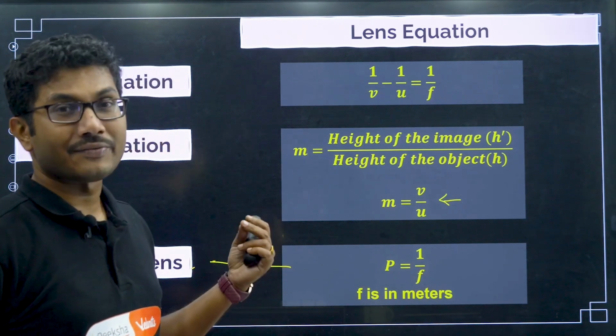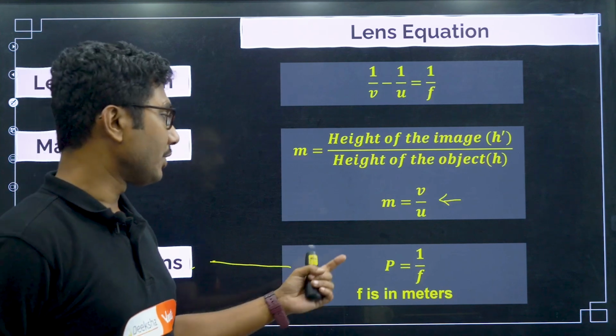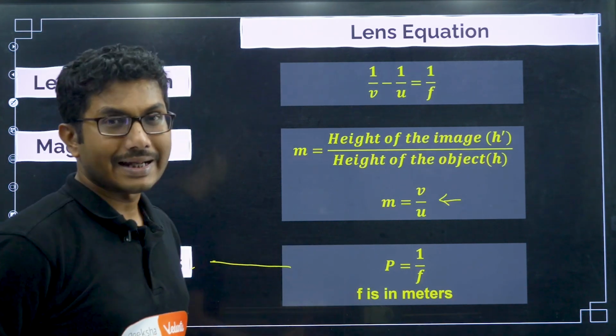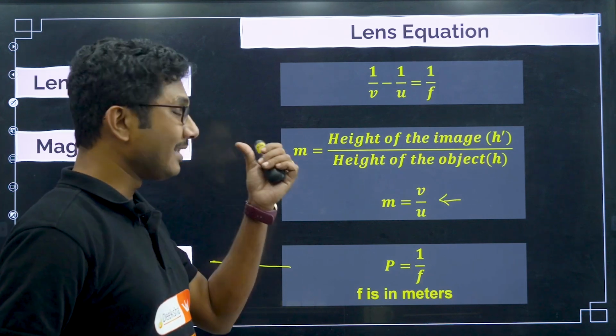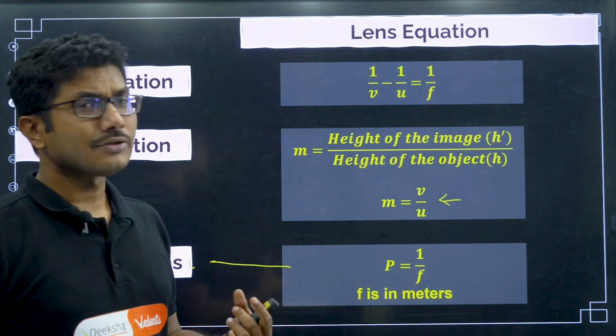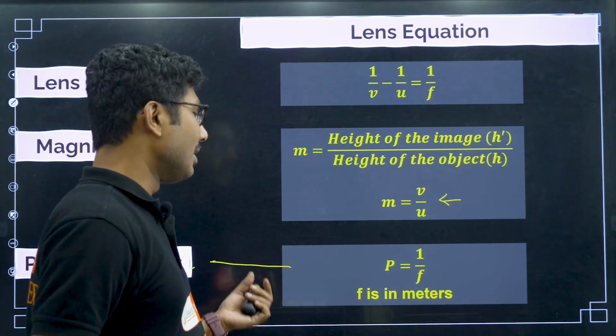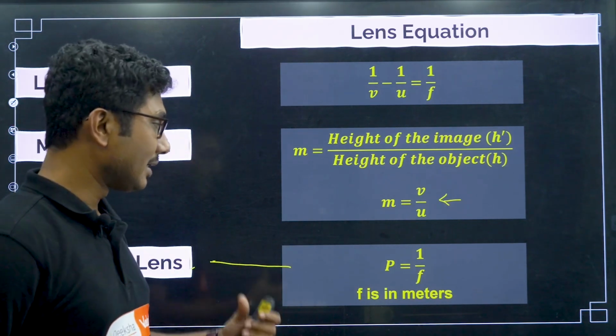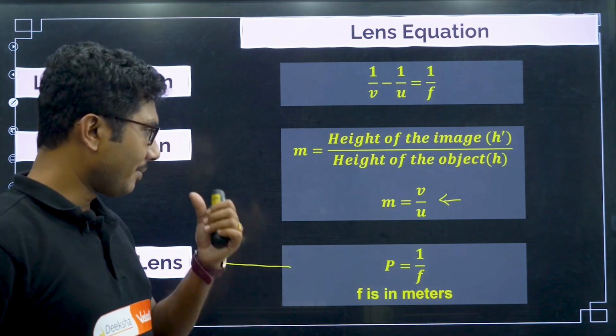We say that concave surface focal length is positive. So if power is positive, that means it's a concave lens. If the power is negative, then we can say this is the convex lens, right? Or am I wrong?